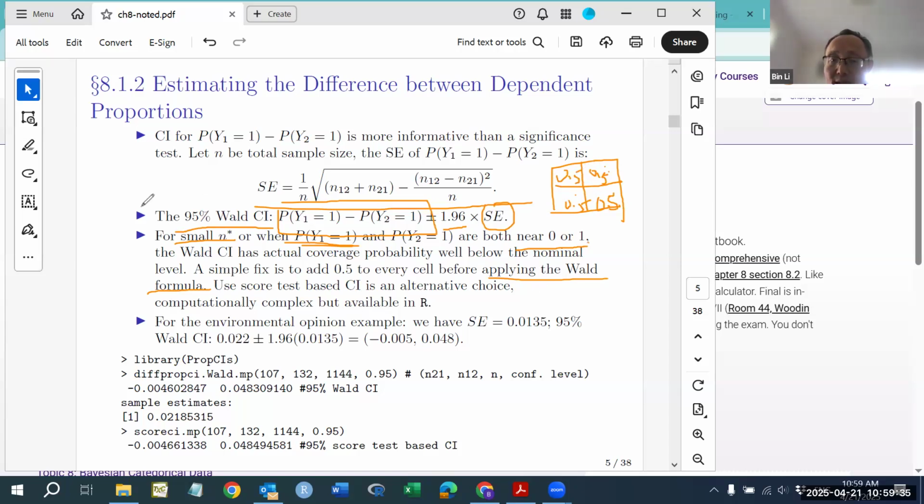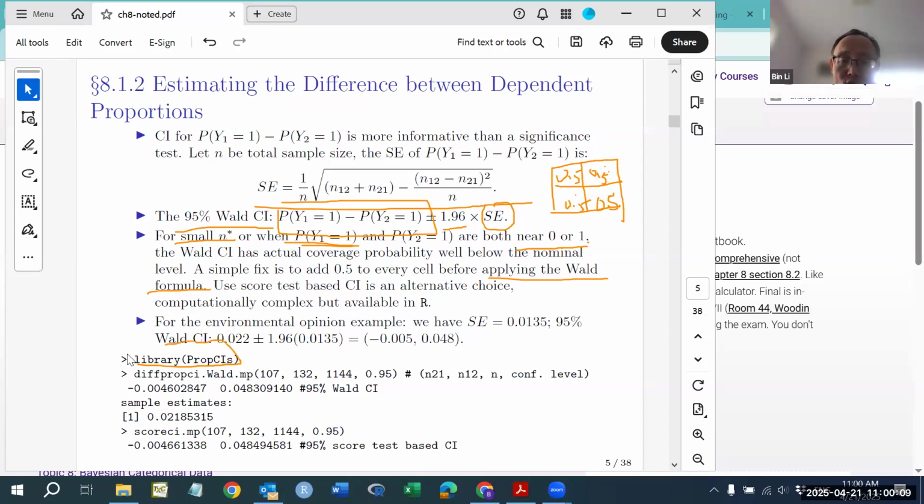And then we apply the 95% Wald confidence interval. So that will lead to more accurate results. And another option is instead of using the Wald confidence interval, we can use the score test based confidence interval. Both approaches are easily available in R through the package called PropCIs.